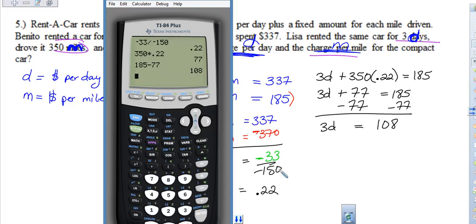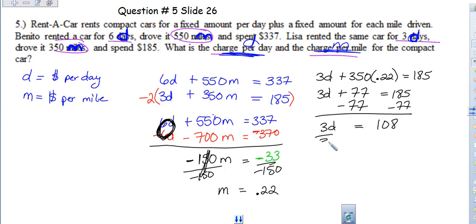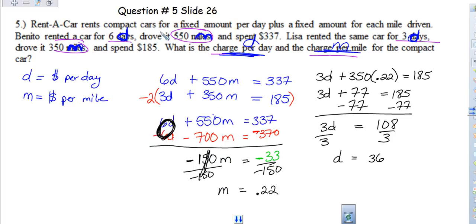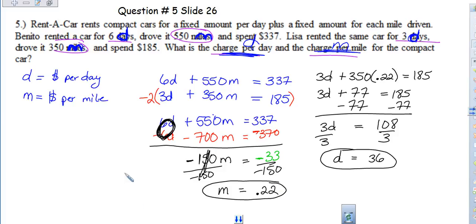And then we're going to divide by 3 to both sides, and D will equal, that should give me 36, I believe. Yep, but you can double check. 108 divided by 3, 36. So there we go. The fixed amount per day is $36 per day at 22 cents per mile.